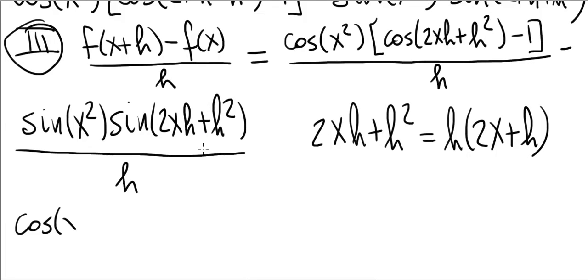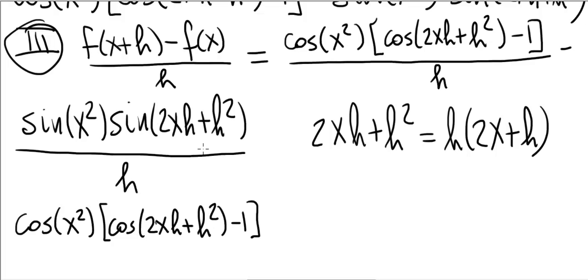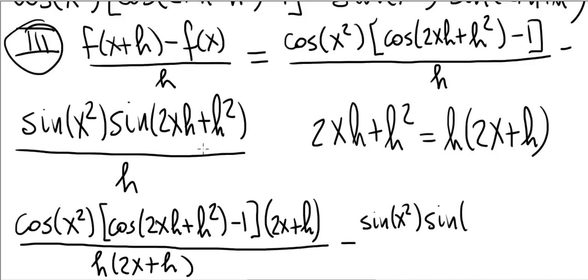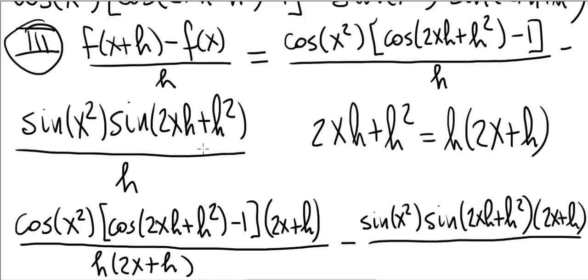So here's what it looks like. This is cosine of x squared times cosine of 2xh plus h squared minus 1, and that's times 2x plus h, and in the denominator we have h times 2x plus h, minus sine of x squared times sine of 2xh plus h squared times 2x plus h, and divided by h times 2x plus h.